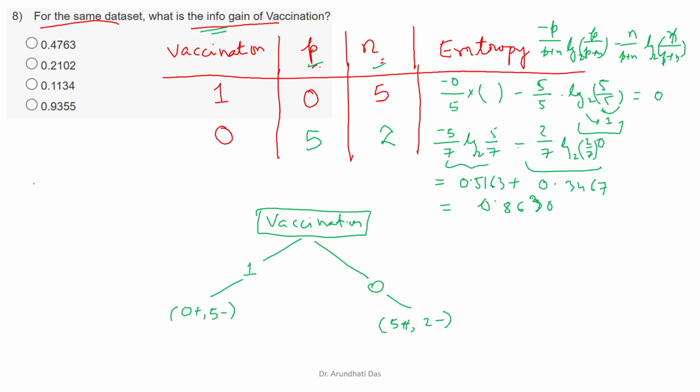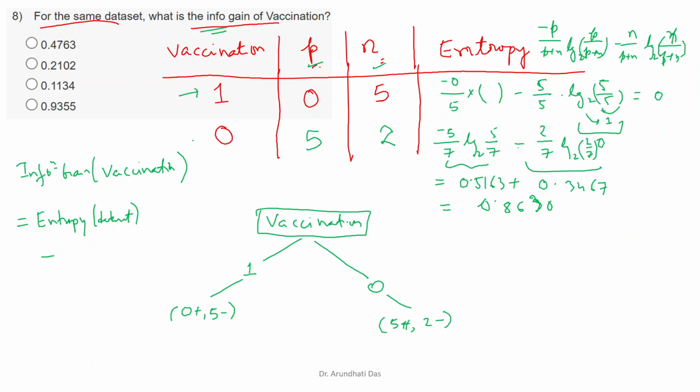Again, what is the formula for information gain? Let me elaborate here. Information gain for vaccination is nothing but the entropy of the total data set, minus the total number of... Here I have two feature values, right?